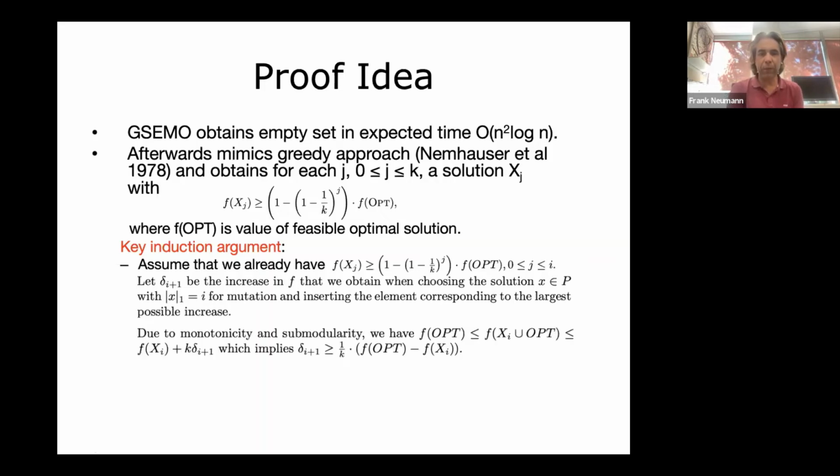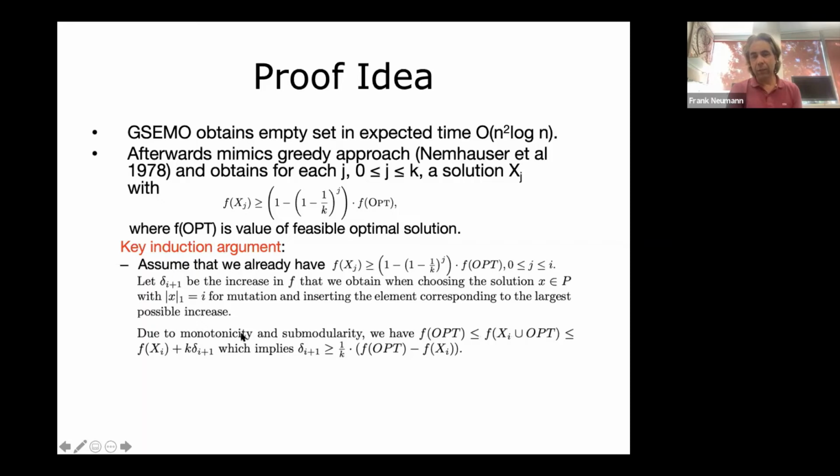And that works because you're monotone and you're submodular. Okay, so what you get is an equation that says the function value of an optimal solution is bounded by, I just add x_i to the optimum, and this is bounded because of submodularity by what you already have plus k times the gain that you make.